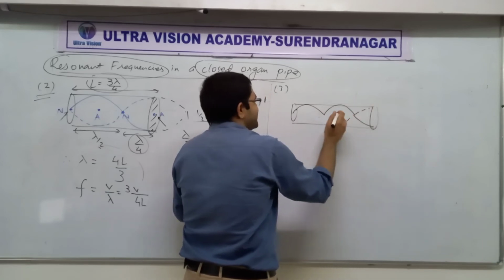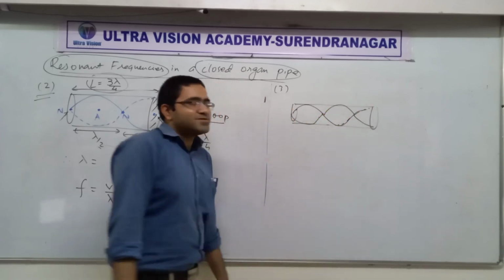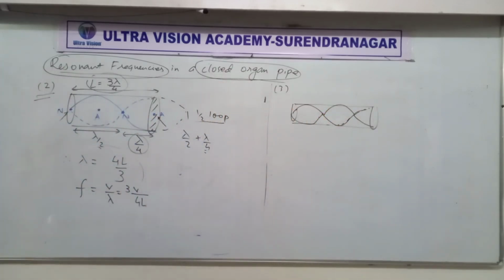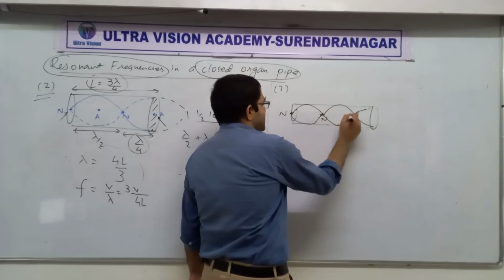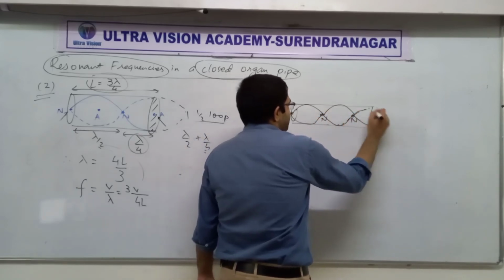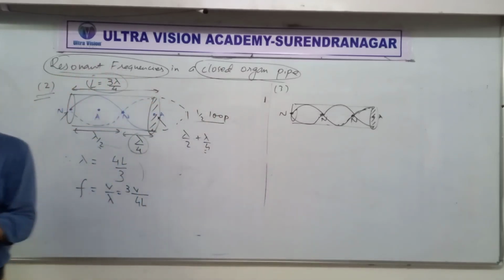Okay, done. Clear? So in this third case, we have node here, node here, node here, and antinode here. This is closed end. Diagram clear?